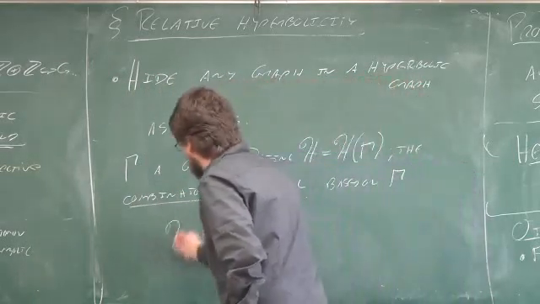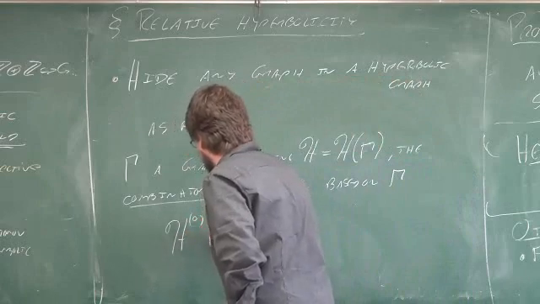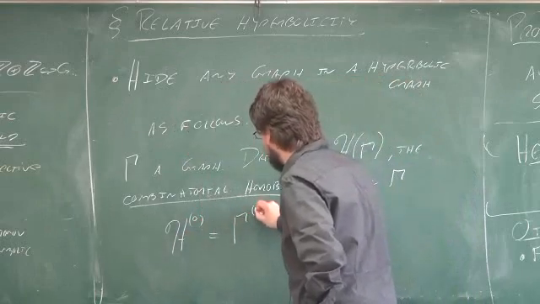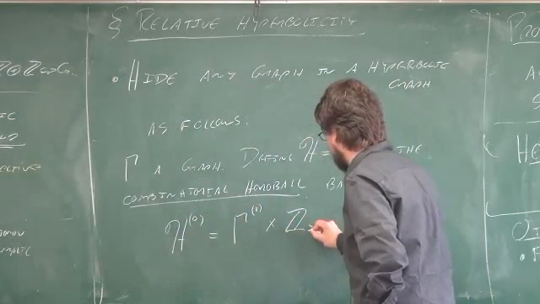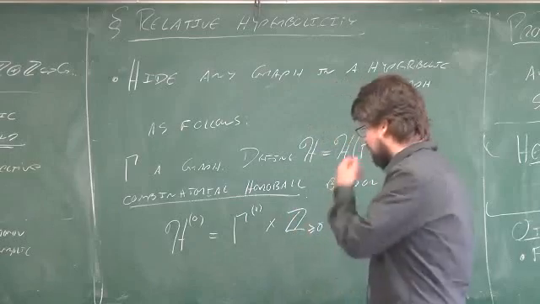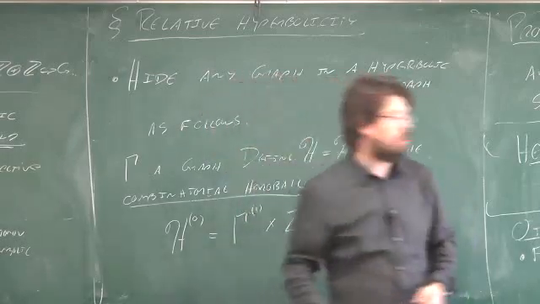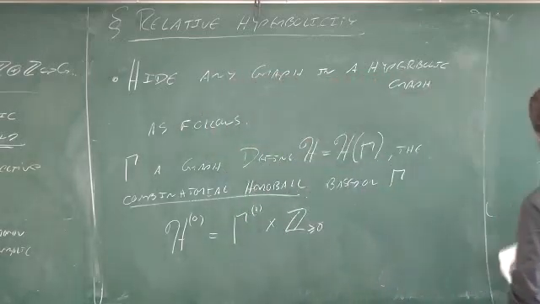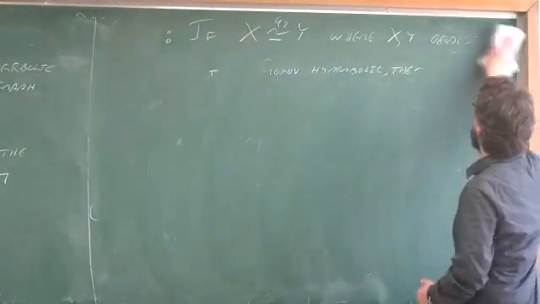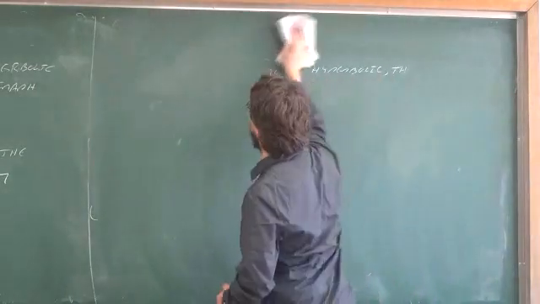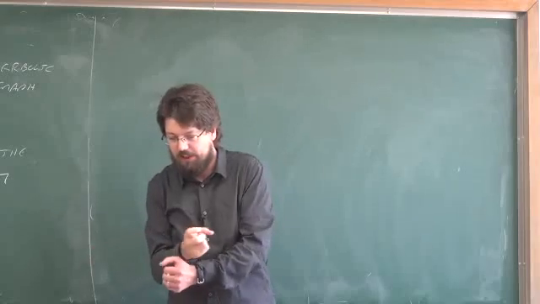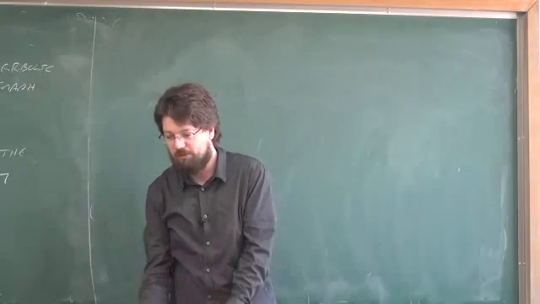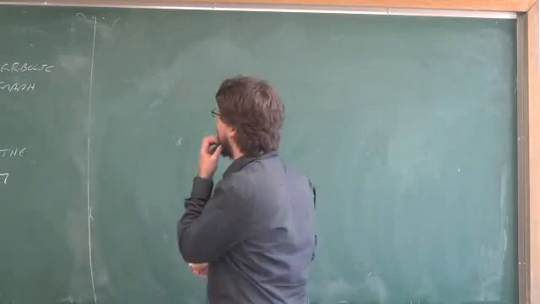If I look at the vertex set, I take the vertex set of gamma and then I cross it with the non-negative integers. Now I want to connect that up into a graph, so that my vertex set is much bigger than the vertex set of gamma. I want to put gamma at level 0, and then put more tightly connected copies of gamma at the different depths greater than 0.